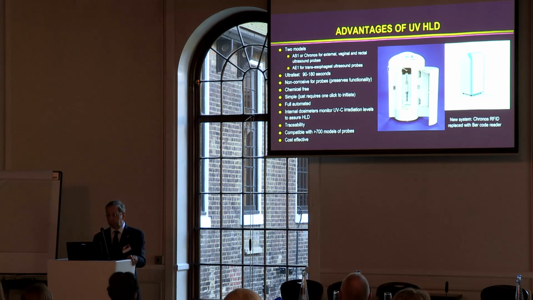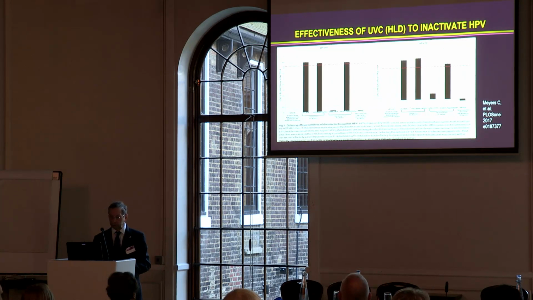It's compatible with more than 700 models of probes. And because it's so fast and so easy, with minimal training, it's cost effective. I should say, as with every other type of high-level disinfection, cleaning should still always be done before high-level disinfection.